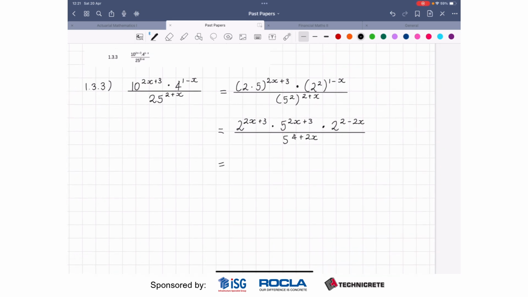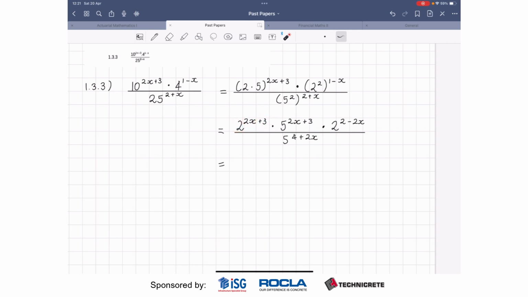All right, and then I can now use my exponent laws. So my exponent laws tell me that if I've got some kind of an expression in the exponents, then that means that's the same as having this base to the power of one of the terms multiplied by the same base to the power of the other terms.